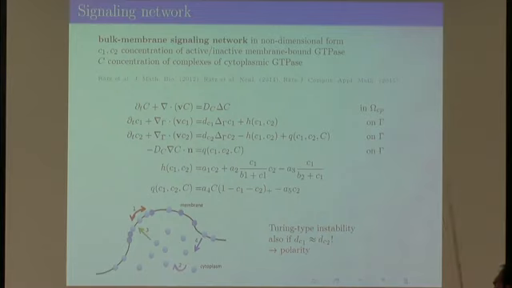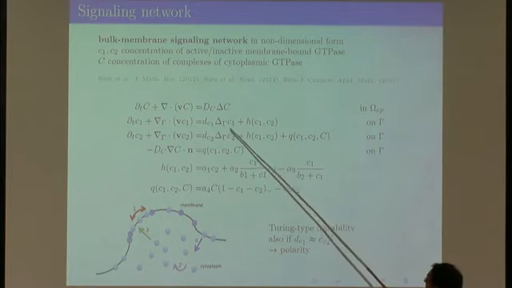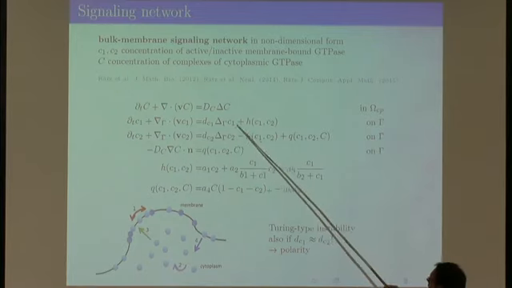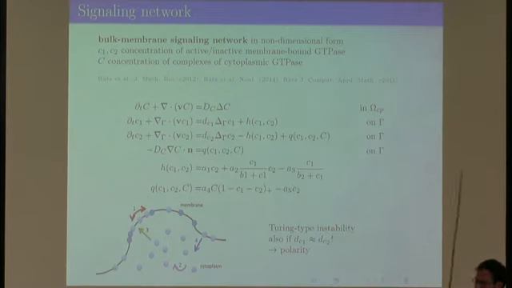So you have c1 and c2, these small ones on the membrane only, and they both live on the membrane, so you assume that they will have equal diffusion constants, and this system even gives polarity and Turing patterns emerge for equal diffusion constants.